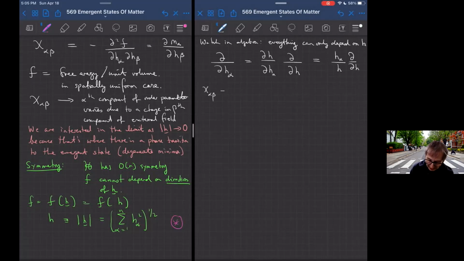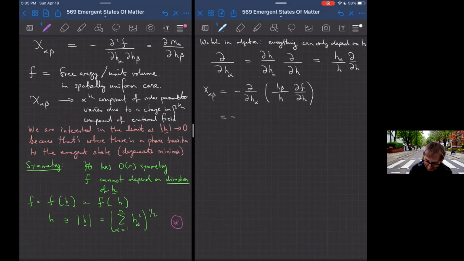Then when I compute chi_alpha beta, that's going to be the following. It's minus d/dH_alpha of dF/dH_beta, and dF/dH_beta is H_beta over h times dF/dh. And so now there's, well, actually, there's three terms. The d/dH_alpha on the outside acts on the H_beta, the h, and the d2F/dh squared. So let's just go through and differentiate each term. d/dH_alpha acting on H_beta is, of course, just a Kronecker delta.